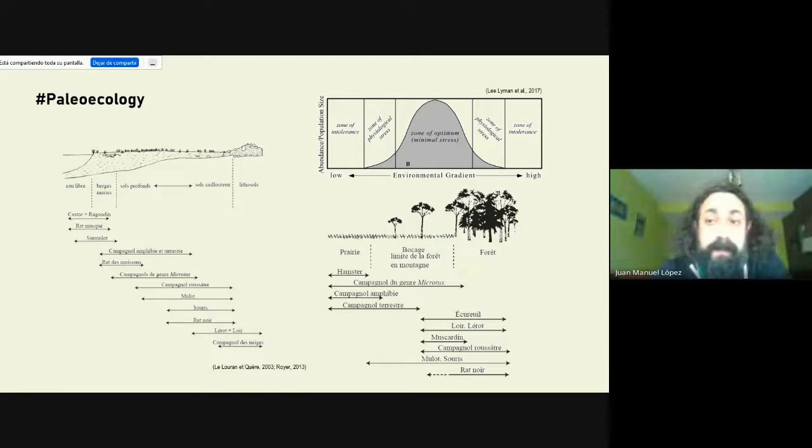This is one of the reasons they are very important to reconstruct the environment or the climate, because depending on the assemblage that you find, you can find one kind of habitat or another, or one type of climate or another.